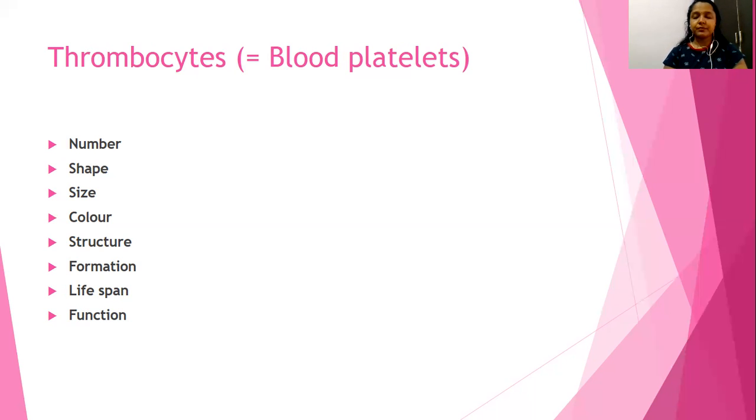With respect to its function, it majorly involves forming clots. When an injury happens, the blood platelets, along with the clotting factors, help to form a plug so that bleeding is prevented. It stops the bleeding.